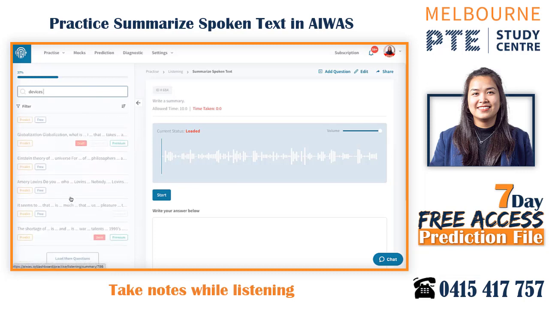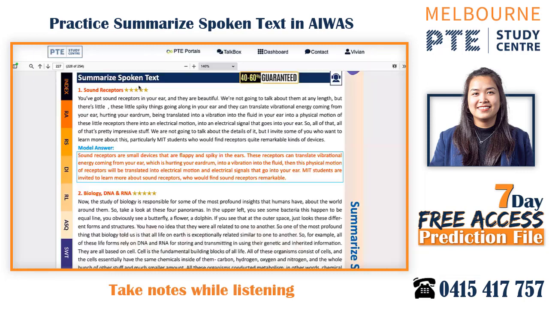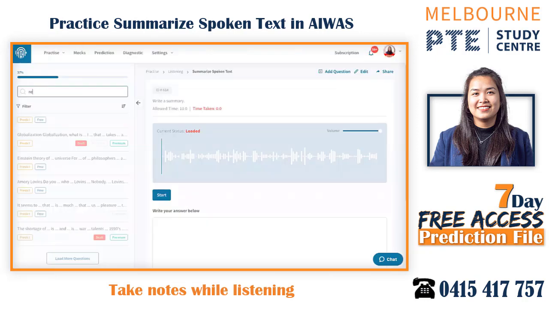So, receptor. I think it should be here, but I don't know why it doesn't show receptor.